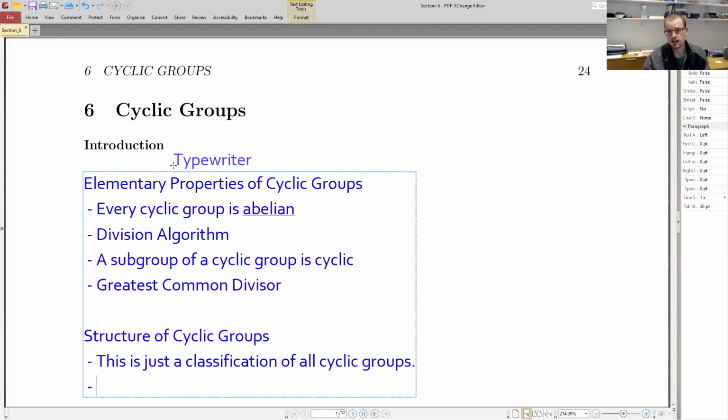In particular, what we want to take away for the structure of cyclic groups is that every cyclic group is either isomorphic to Zn, addition modulo n, working with those numbers 0 through n minus 1, the modular arithmetic that we talked about earlier. Or, if it's an infinite group, then it's isomorphic to the integers under addition, all integers under addition.